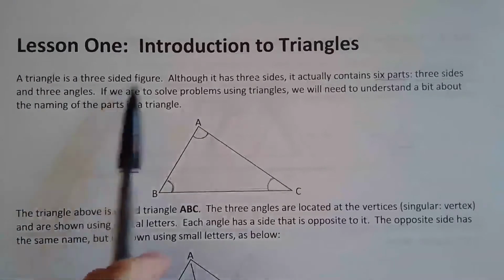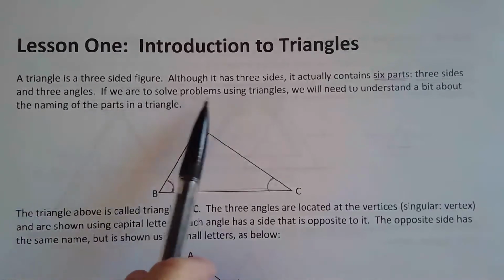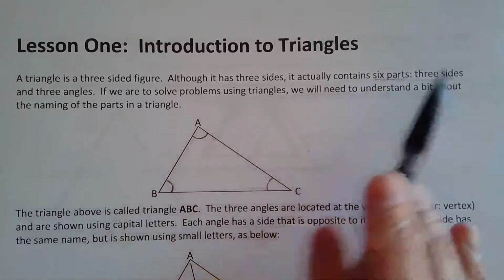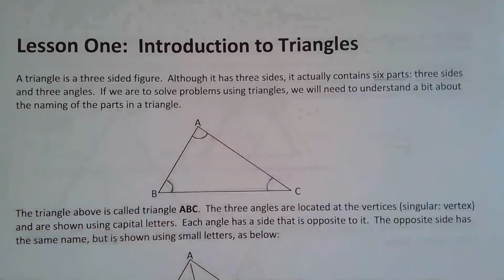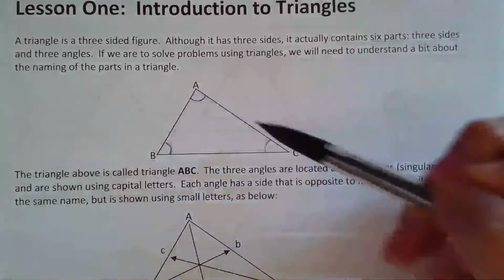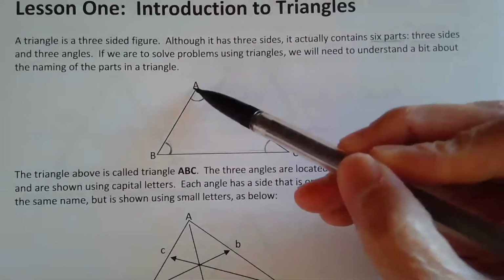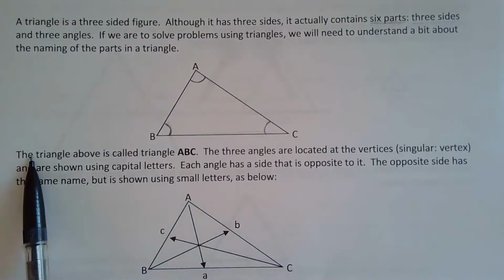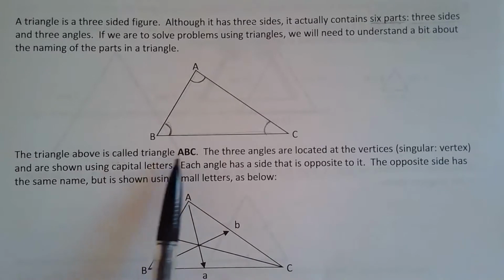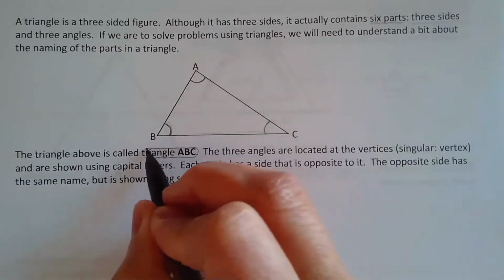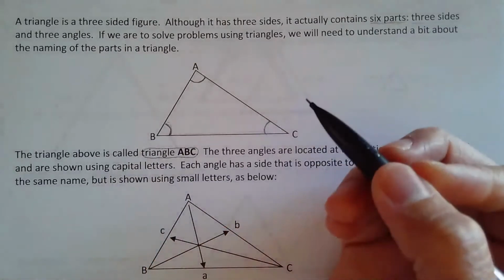If we want to solve problems using triangles, we will need to understand a bit about naming the parts of a triangle. In this one you'll see that the triangle has A, B, and C. What are those? The triangle above is called triangle ABC, and it's just a way of naming a triangle.